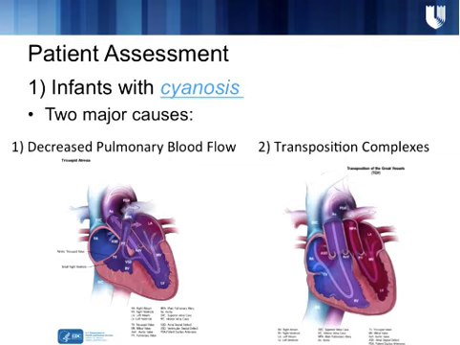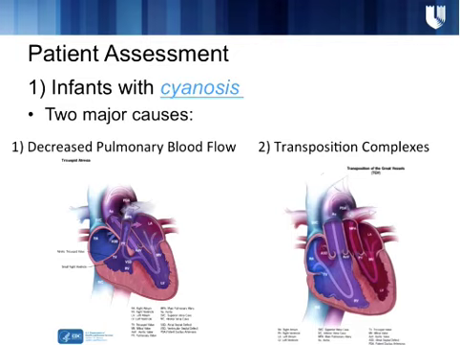So it crosses the atrial septum, and the deoxygenated blood mixes with the oxygenated blood from the lungs in the left atrium, enters through the only AV valve that is functioning, which is the mitral valve, and then blood is ejected either out the aorta or through the VSD to the pulmonary artery.